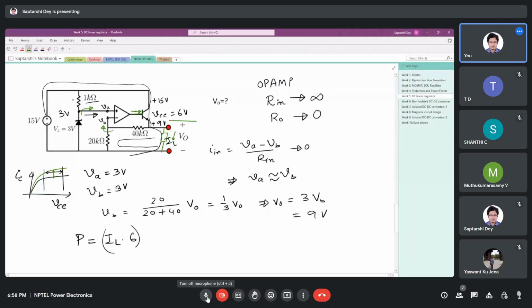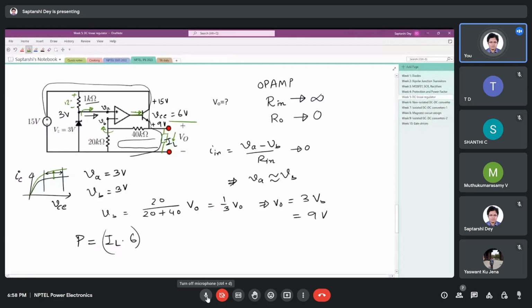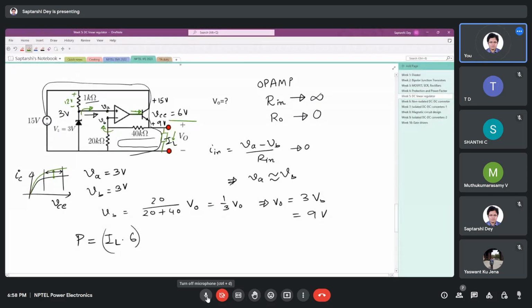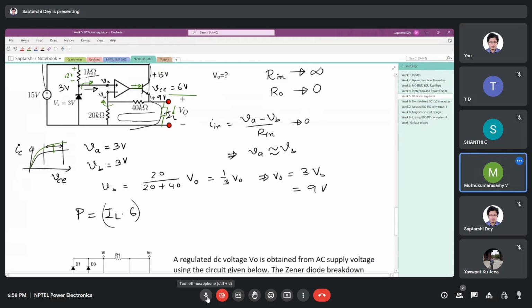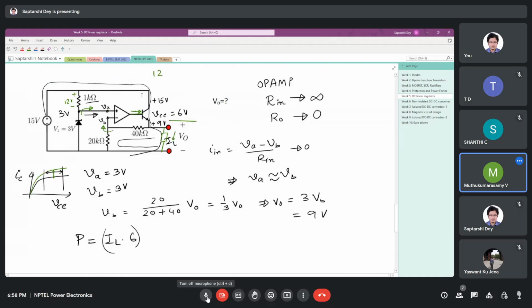We have 12 volt of drop here. So if I write 12, just a second.